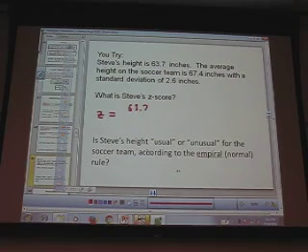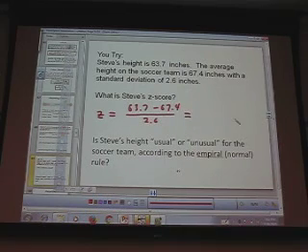What's the mean? 67.4. So subtract those, and then divide by the standard deviation. What's the standard deviation, guys? 2.6. If you do that, what do you get? Negative 1.42. Is he unusual or not unusual? He's not unusual. He's within 2 standard deviations.